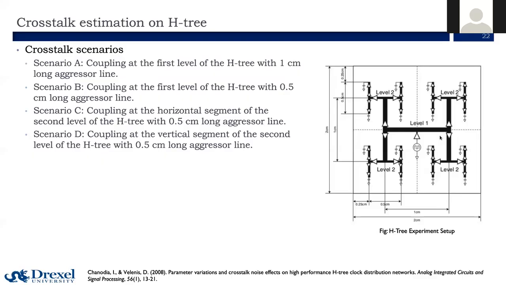Scenario C has coupling along the second level of the H tree on the horizontal segment with a 0.5 centimeter long aggressor line, and scenario D has coupling at the second level alongside the vertical segment with a 0.5 centimeter long aggressor line. Let's look at the results of these coupling.